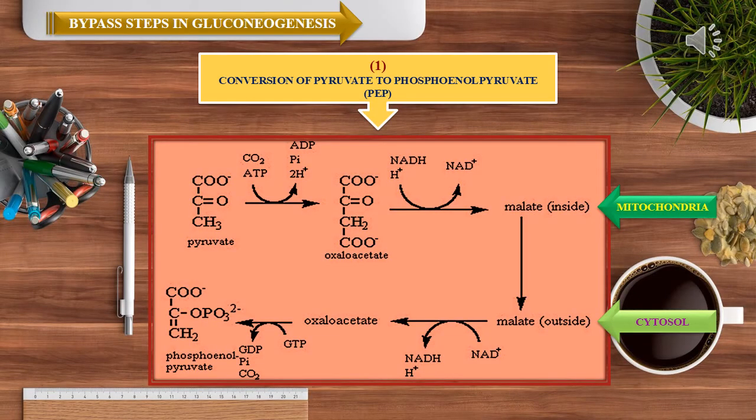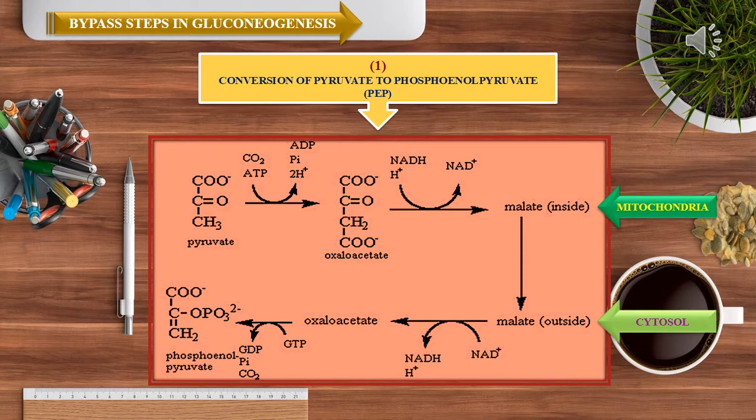Let's move on to the steps involved in gluconeogenesis with chemical reactions. The first bypass step is conversion of pyruvate to phosphoenol pyruvate, which occurs in both mitochondria and cytosol.